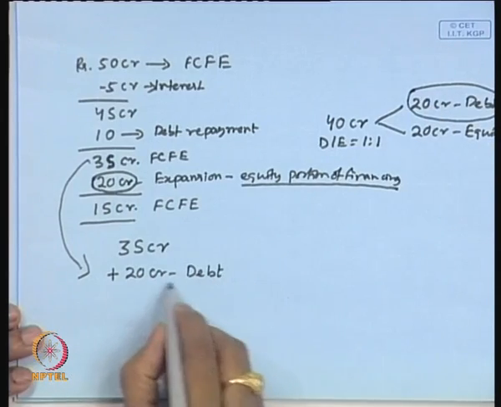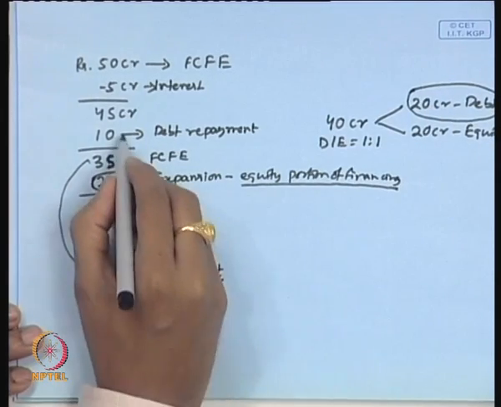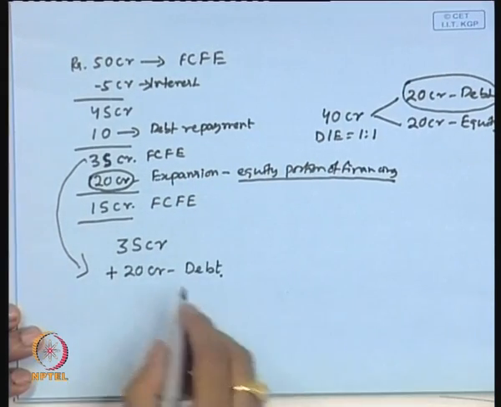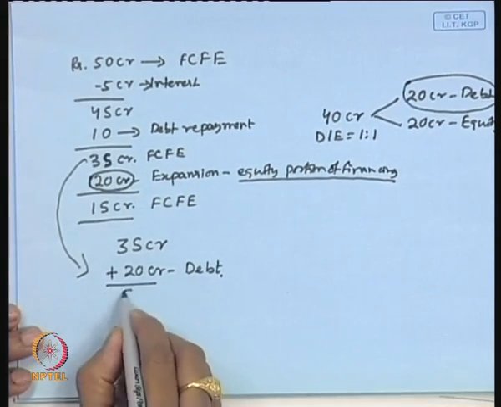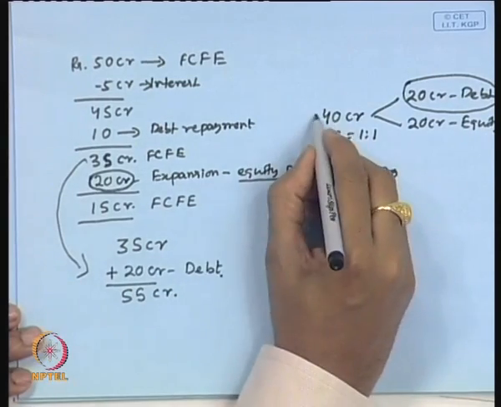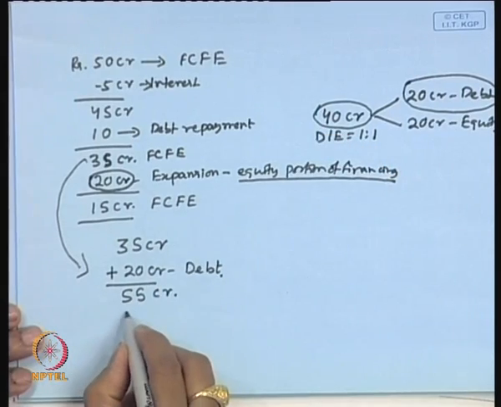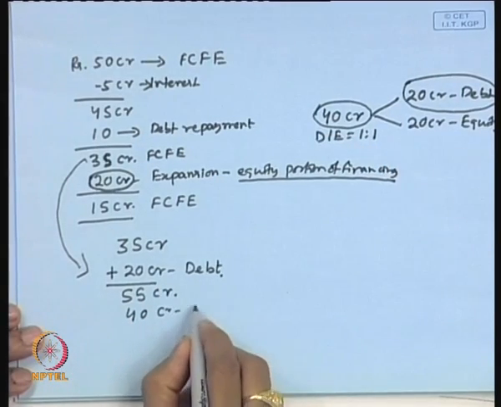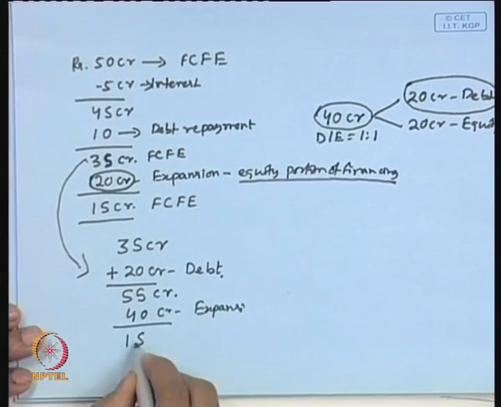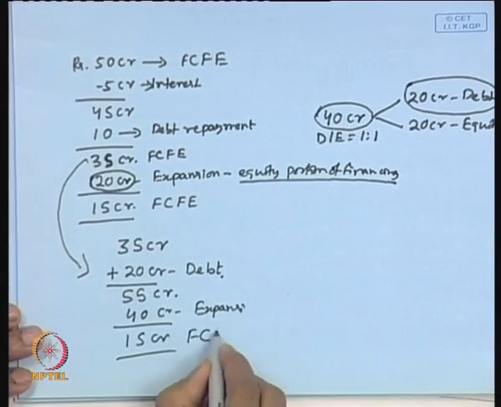So, one can see there is 20 crore of debt raised as well as 10 crore of debt repayment that took place because of the prior commitment. The total cash flow available for the company equity holder is now 55 crore, but we require 40 crore for expansion. In that case, 15 crore is now the free cash flow for equity.